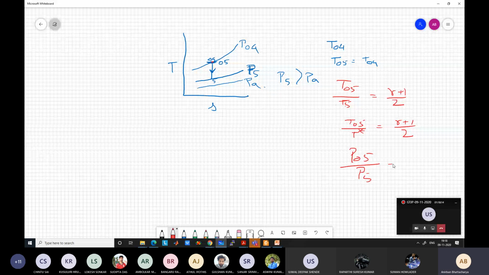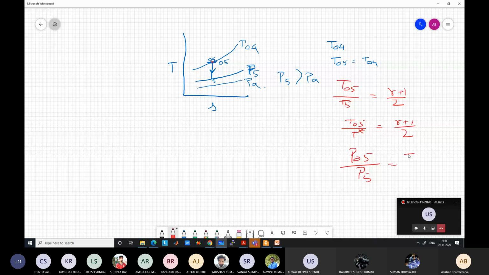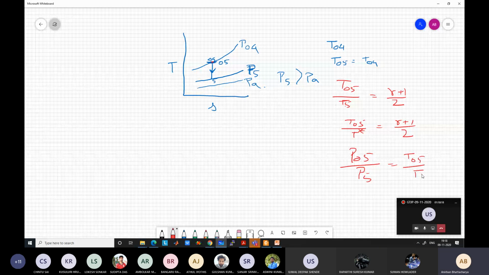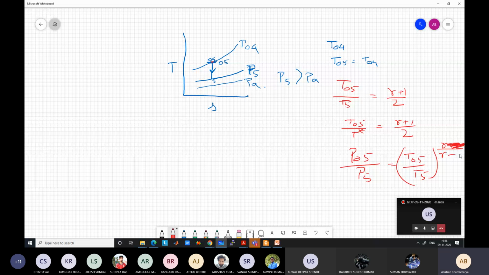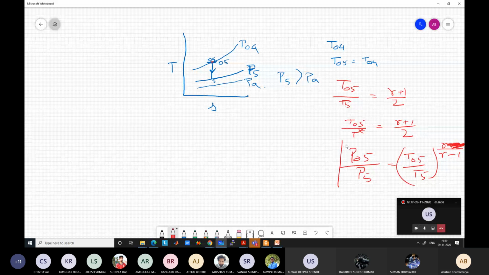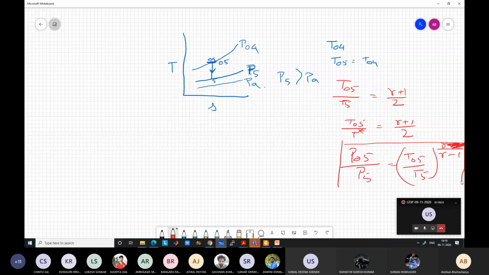Then P05 by P5 is equal to T05 by T5 to the power gamma by gamma minus 1. This is clear to everyone? How to calculate P5? P5 is equal to P star.